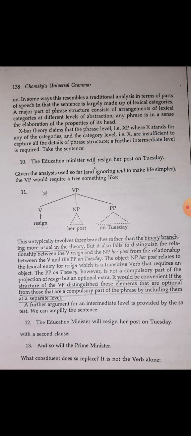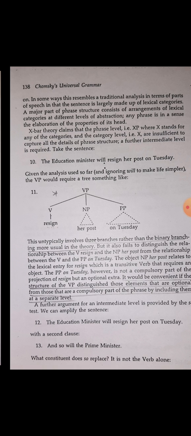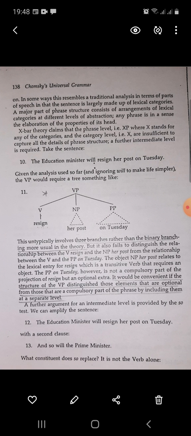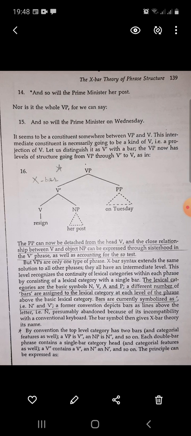In order to show this strength and intensity or extent of relationship, the theory of X bar will help us. How will it help us? Let's see on the coming page. Now you can see here the writer has given us the analysis of the same sentence, the same verb phrase, somewhat differently by following the principles of X bar theory.